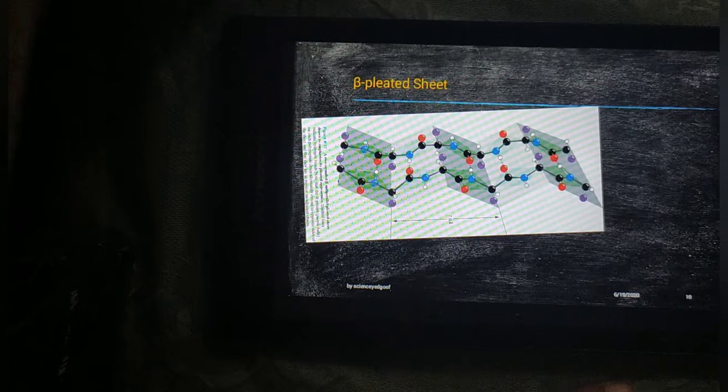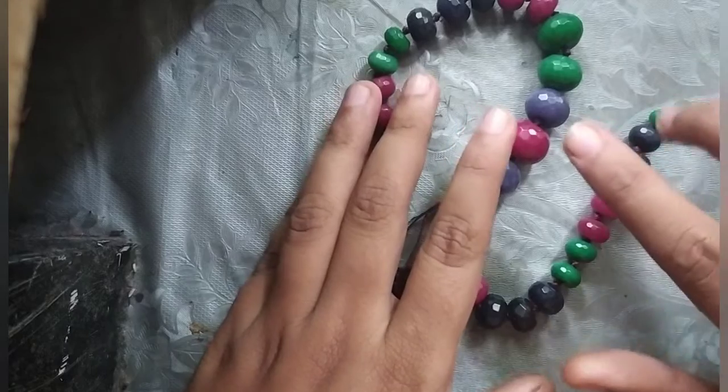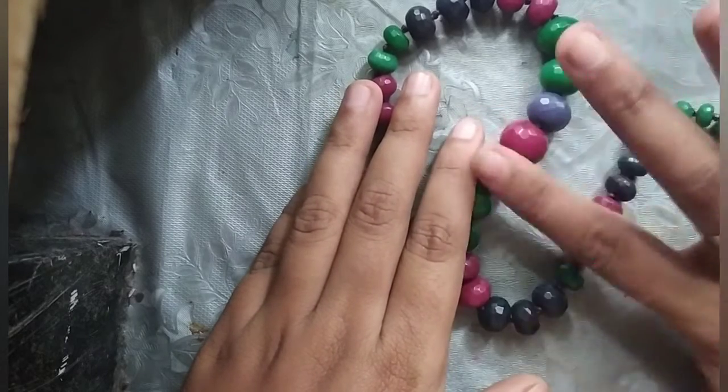So in beta-pleated sheets, the hydrogen bonding occurs between neighboring polypeptide chains rather than within one, as seen in the alpha helix. If you consider this to be the alpha helix, the hydrogen bonds were between the same chain like this.